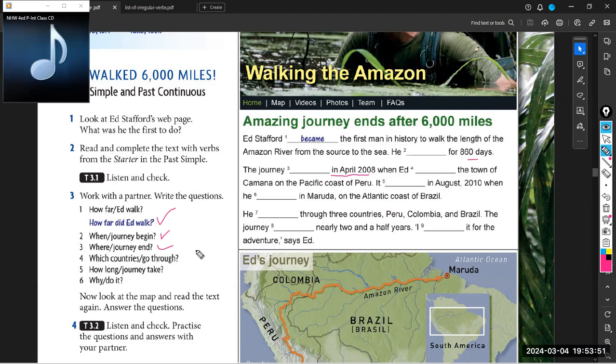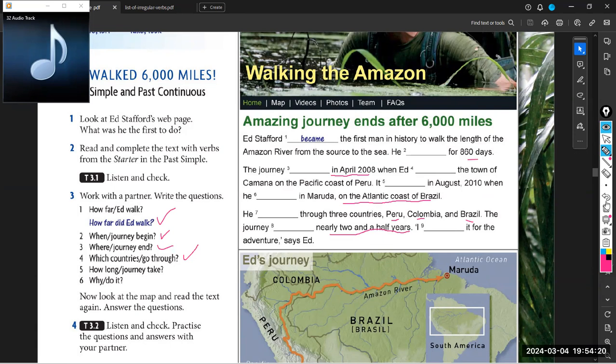It ended in Marudá, on the Atlantic coast of Brazil. 4. Which countries did he go through? He went through Peru, Colombia, and Brazil. 5. How long did the journey take? It took nearly 2.5 years. Finally, 6. Why did he do it? He did it for the adventure.